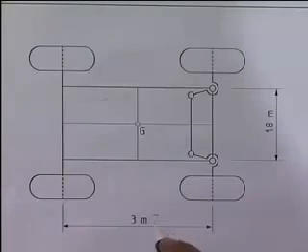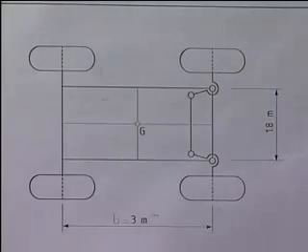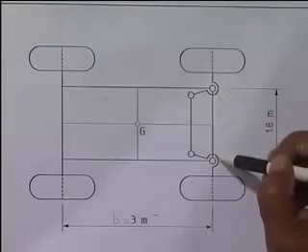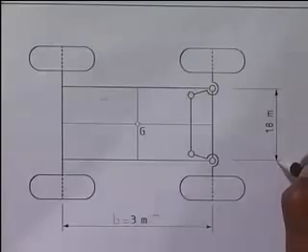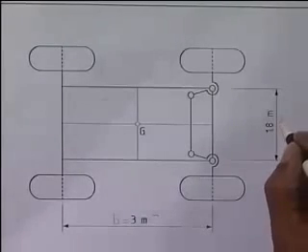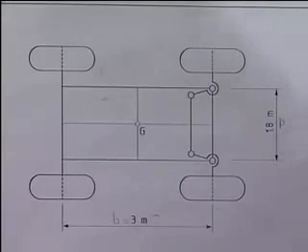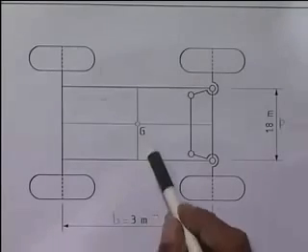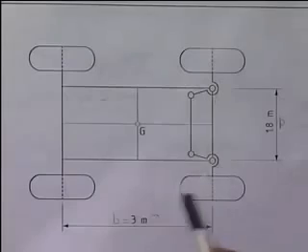If you remember, this wheelbase we denoted by B. And the distance between these two fixed pivots on the body of the automobile is 1.8 meters, which we call P. It is said that the minimum radius of curvature for this center point G of the body of the automobile is 10 meters.